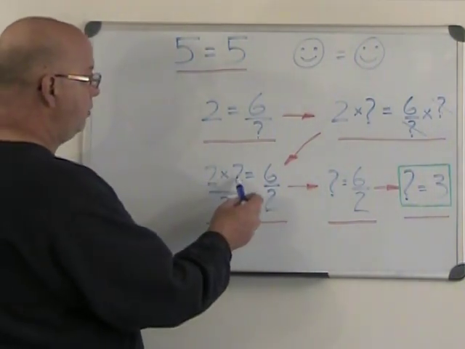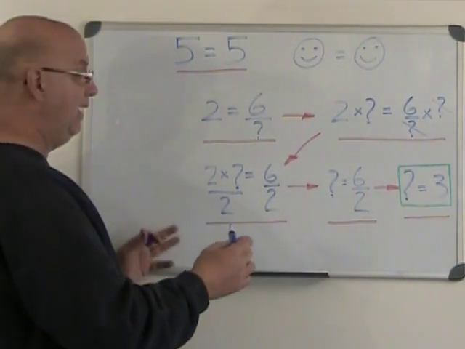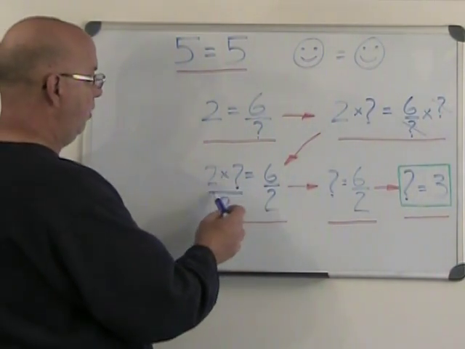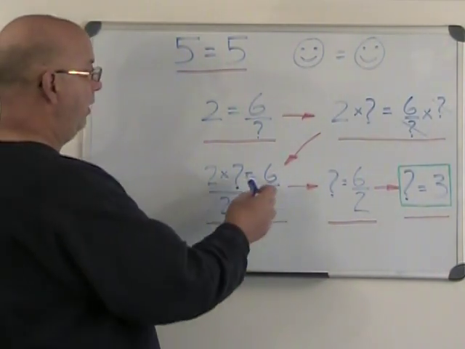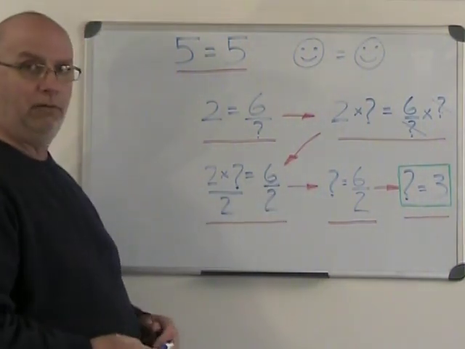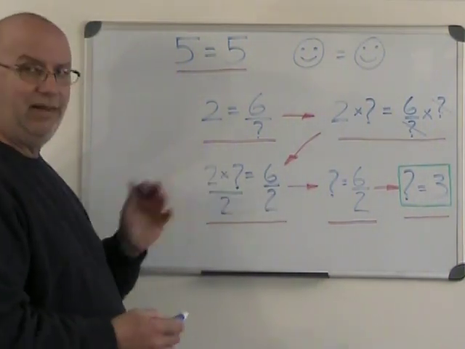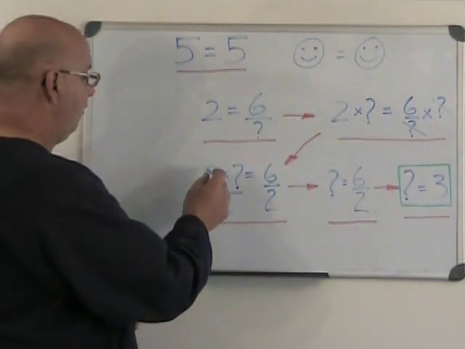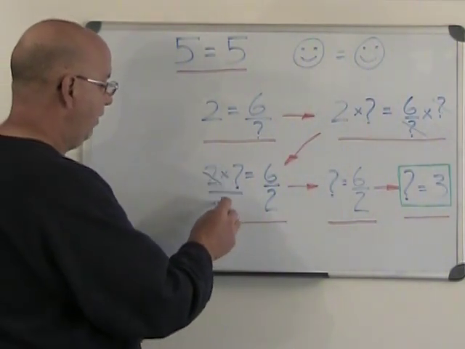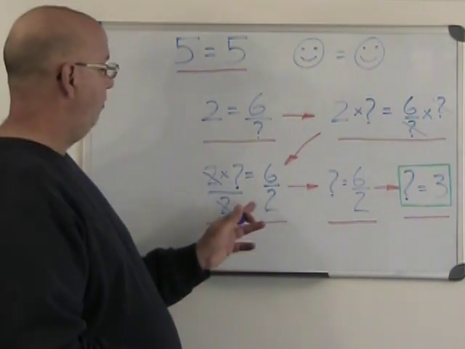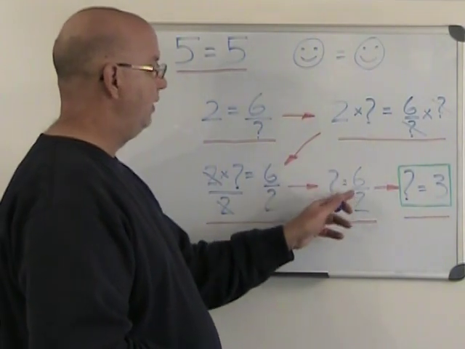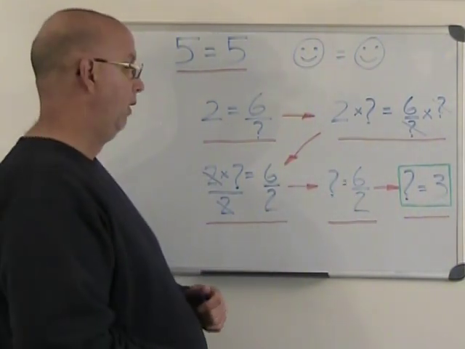So 2 times unknown equals 6 is the same thing as 2 times unknown divided by 2 equals 6 divided by 2. And again, what this gives us is the possibility to simplify the equation, and we end up with unknown equals 6 over 2.